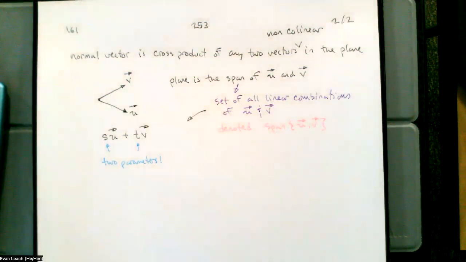We know that 2 points make a line, 2 lines make a plane. This is just some more math surrounding 2 lines make a plane. A plane is the span of 2 vectors. If we're going to describe a plane as the span of 2 vectors, we are using 2 parameters. How much of the first vector plus how much of the second vector.